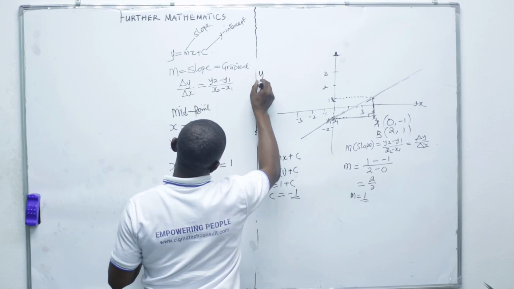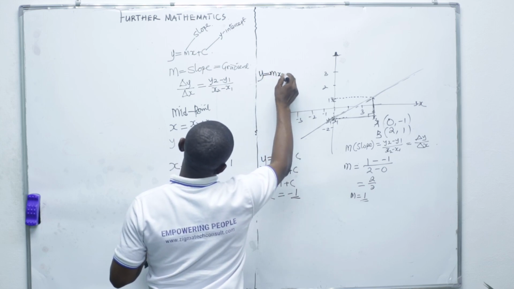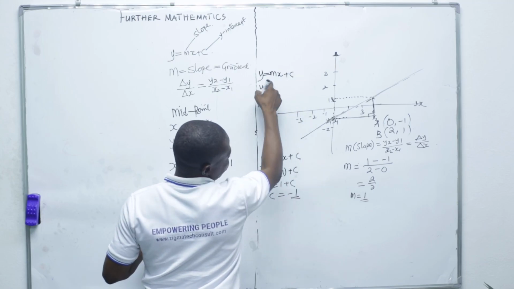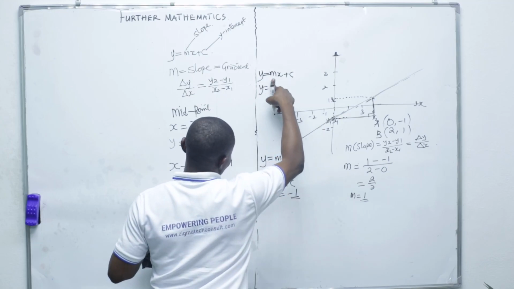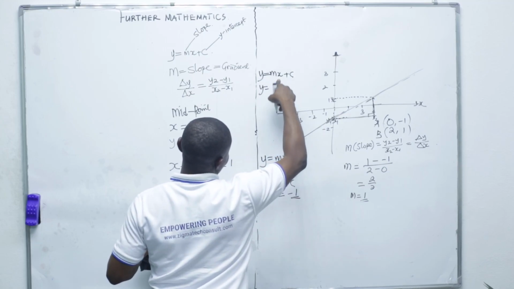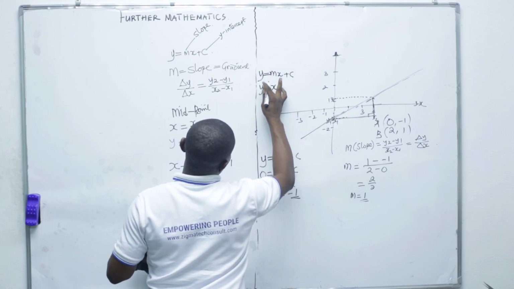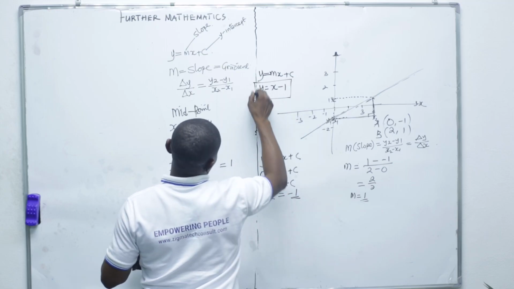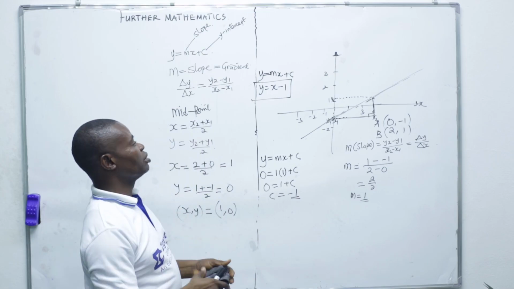What's the original equation? Y equals mx plus c. So now y equals, what is our m? Our m was who? 1. If I put 1 here, if I multiply 1 by x here, I will have x. Then minus 1. So the equation of this straight line now, depending on the graph we plotted, is what?